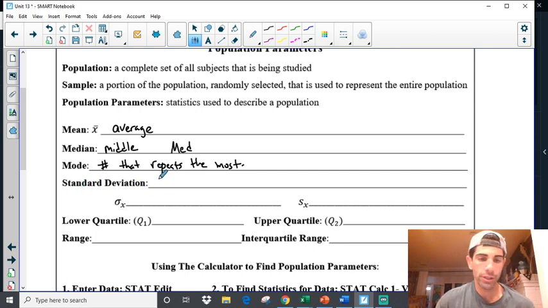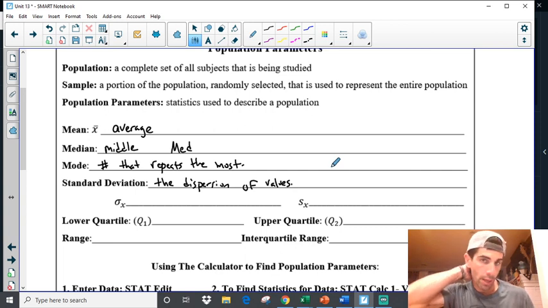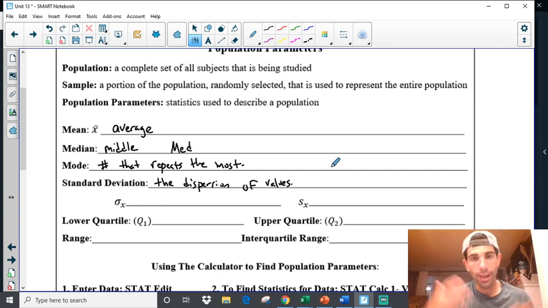Standard deviation is the dispersion of values. Here's the easiest way I find to explain what standard deviation is. Say I have 5 numbers, and those numbers are 1, 7, 8, 2. I would say that has a small standard deviation because the numbers are pretty close together.